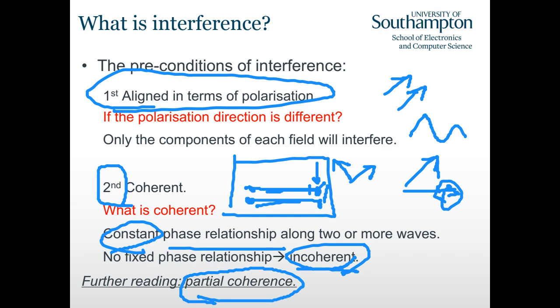So this is a coherent wave. A single wave can be coherent as well. For one wave, we can say this wave is coherent to itself when the beginning of the wave and the later part of the wave share the same periodicity.